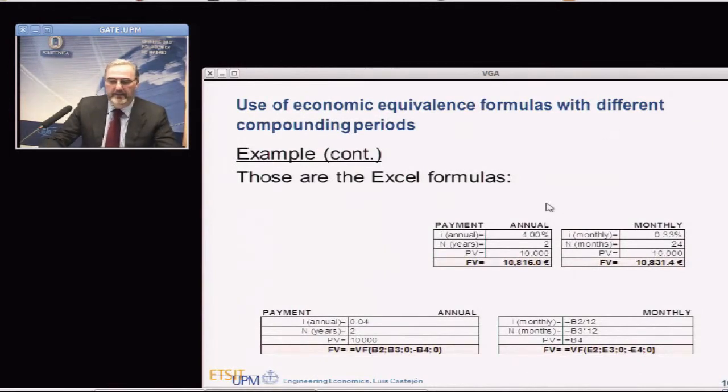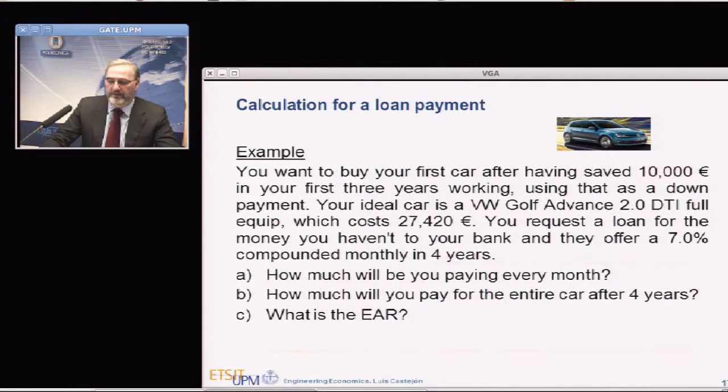Just 1 minute, please. Slide number 17. Slide number 17 is, you want to buy your first car. You see here a beautiful car, and you want to buy it.